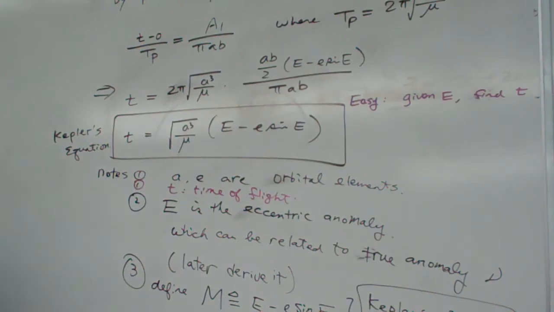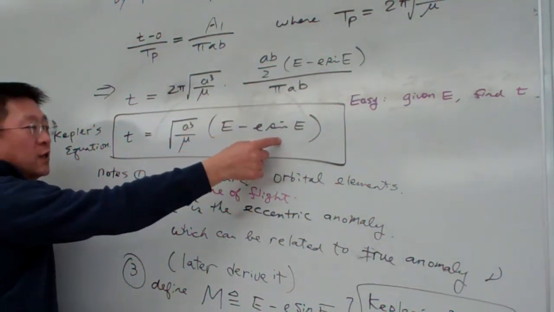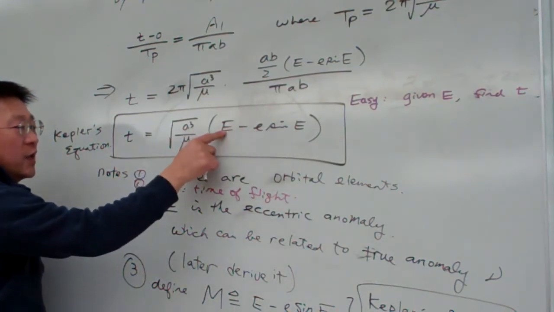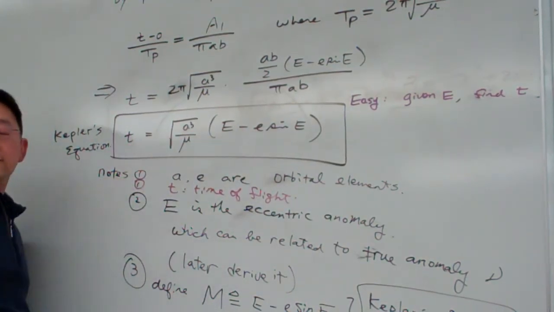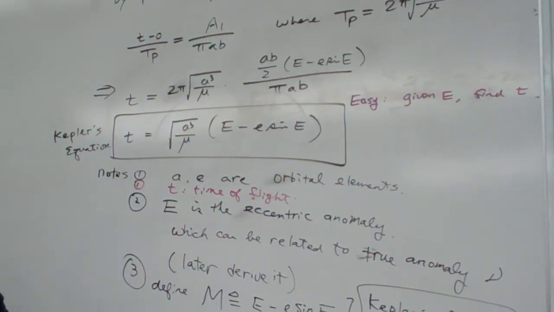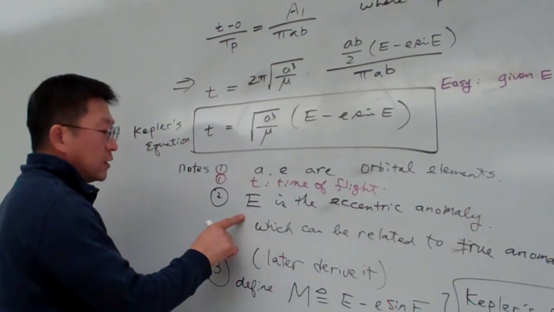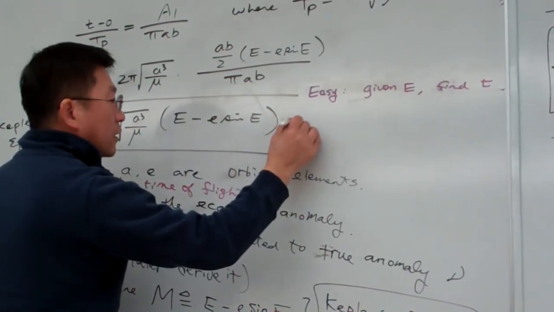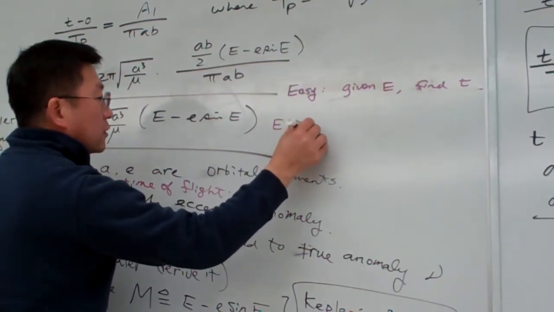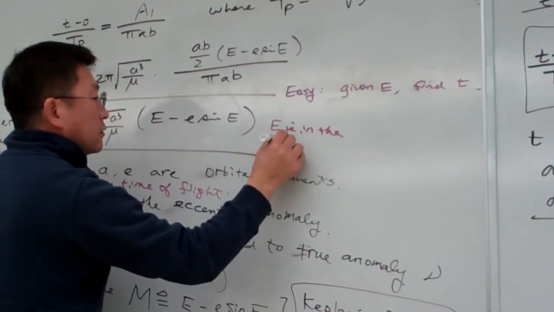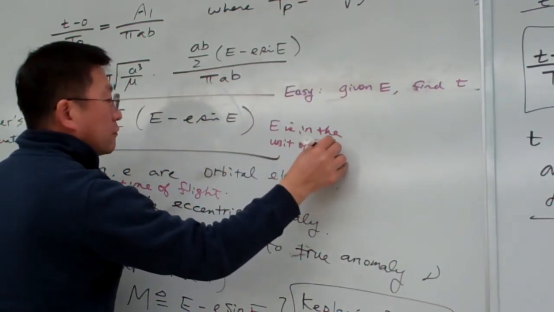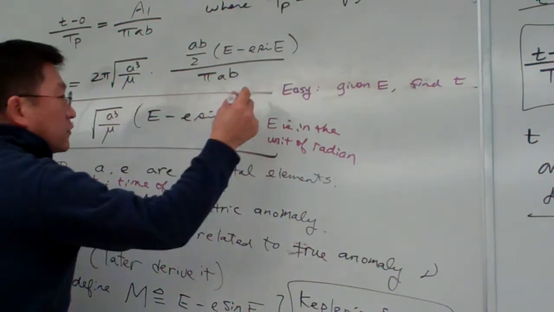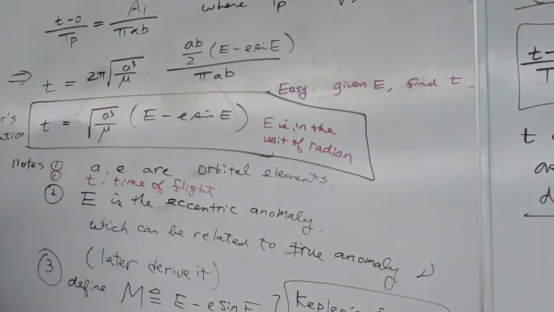As long as we know E, we simply punch the calculator: sine E multiplied by the eccentricity, and T is done. That's only a few seconds. And for this case, E is in the unit of radians. This is important, okay? In these formulations, you have to convert E into radians.